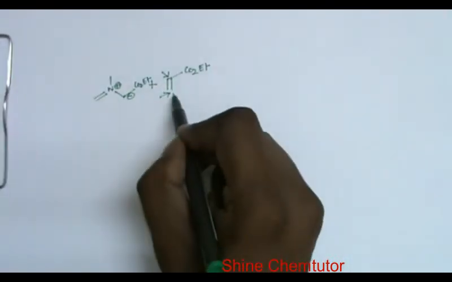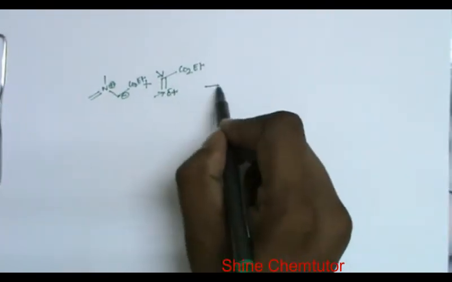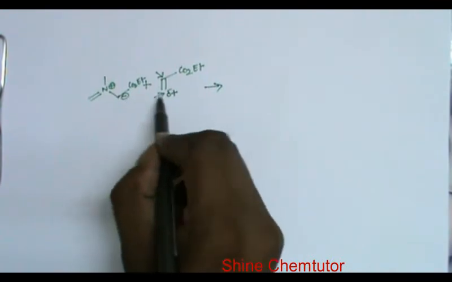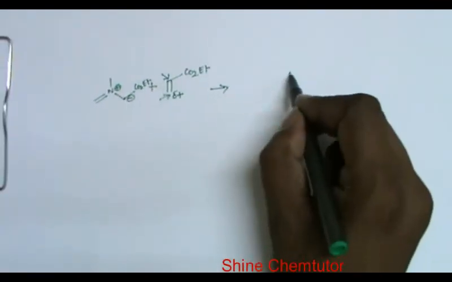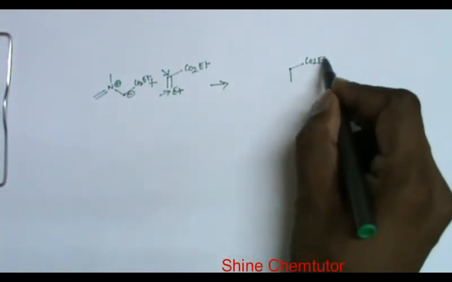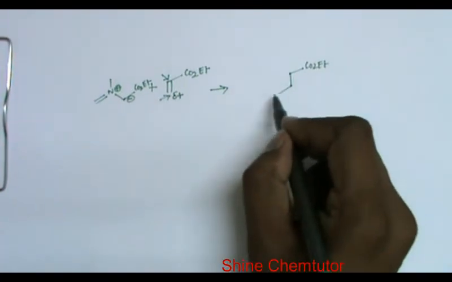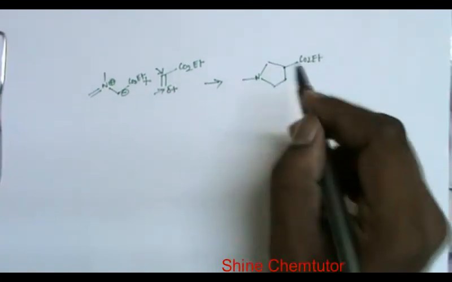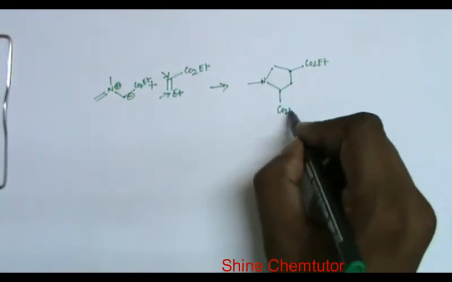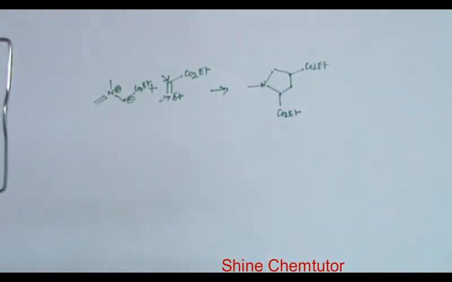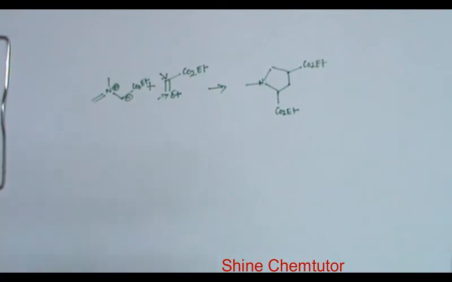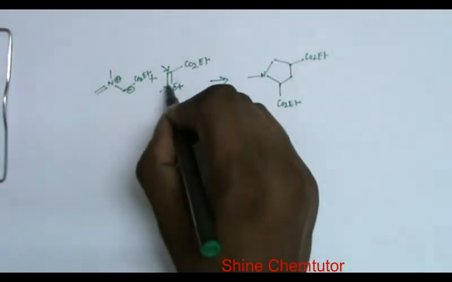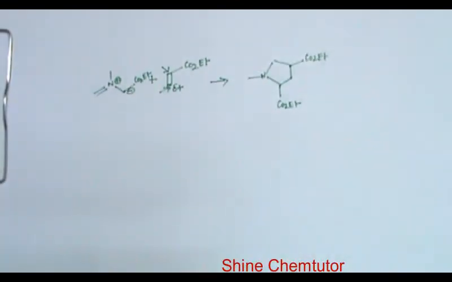Since it is minus, this carbon is electrophilic, so a bond has to be formed between these. So the product, whatever I get, will be like this. So here the electrophilicity of this carbon and the nucleophilicity decides the product.